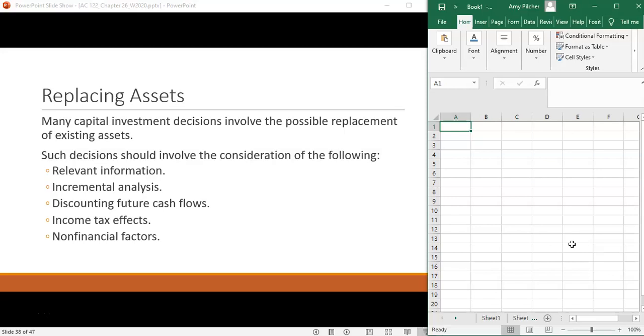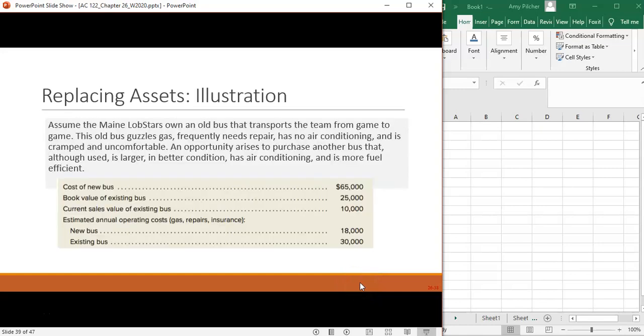So what are the improved cash flows or changes from choosing that replacement equipment? What's our discounted cash flows if we're using a required rate of return? Are there any income tax effects by having better depreciation expense or other things that affect our income tax amounts? And what are the non-financial factors in making that decision?